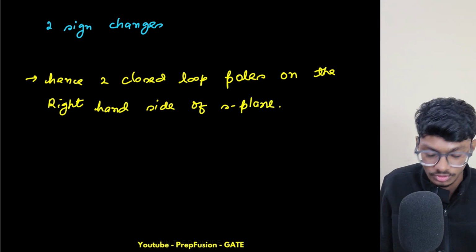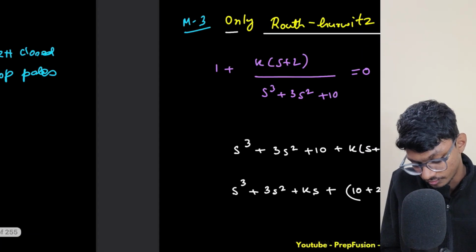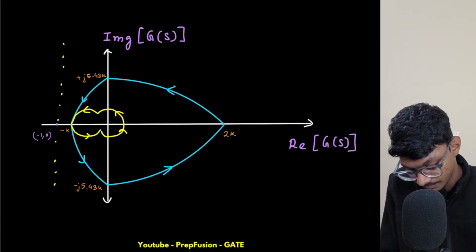So two closed loop poles on the right hand side of this plane. So answer will be 2. So from here we can check, right? Answer will be 2. Okay, simple.